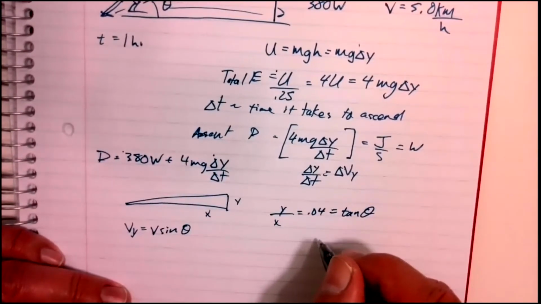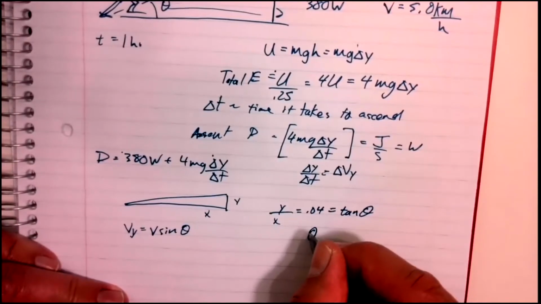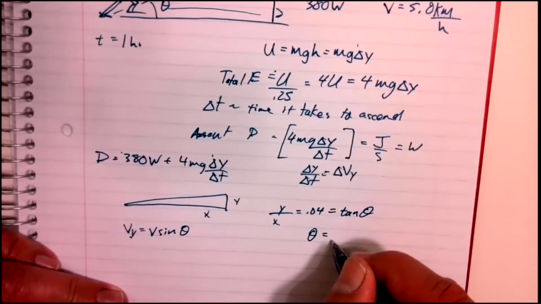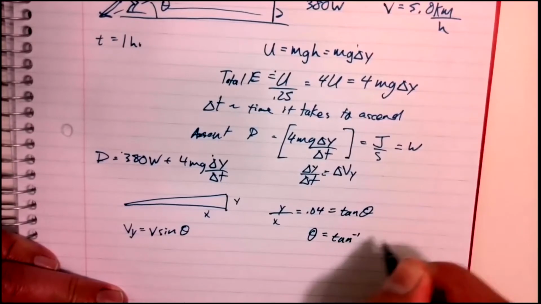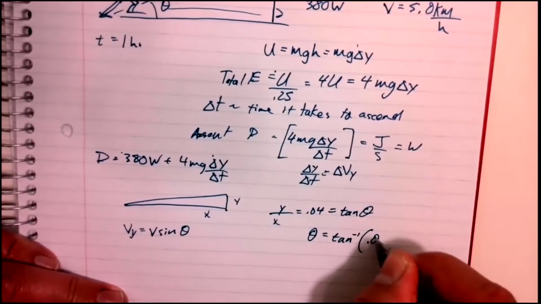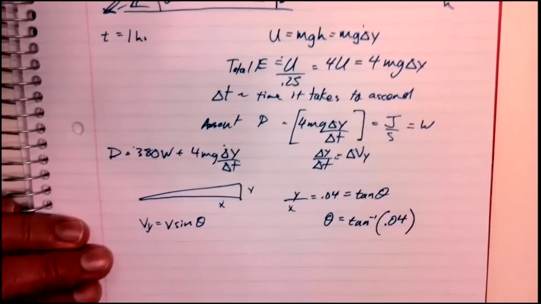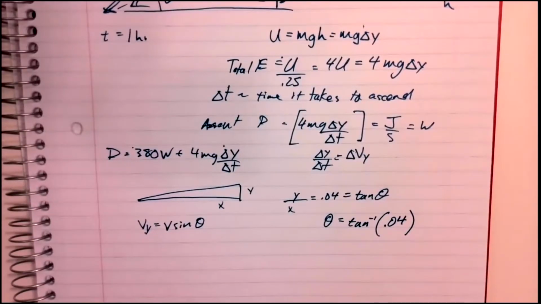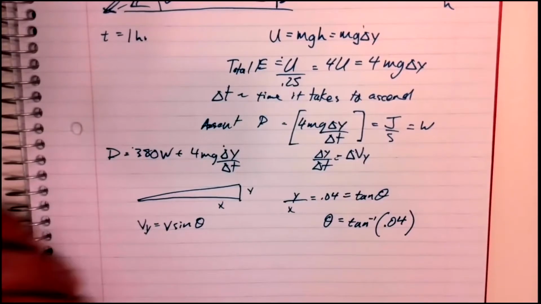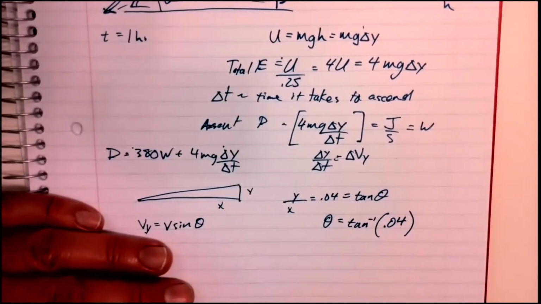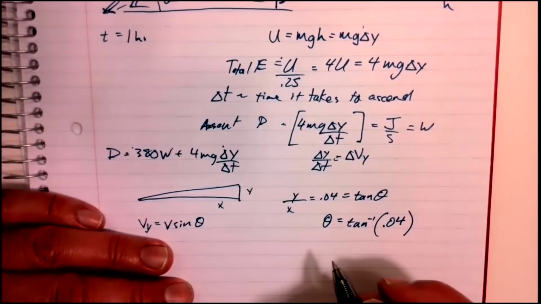So to find our angle, theta is equal to the arctangent of 0.04. The hardest part about this problem is just figuring out what they're talking about, because it's kind of confusing, but that's okay.